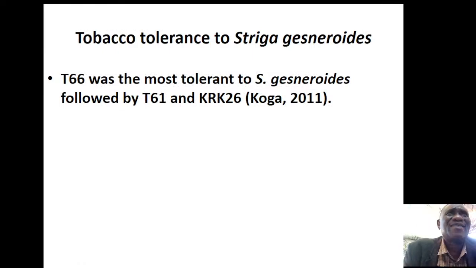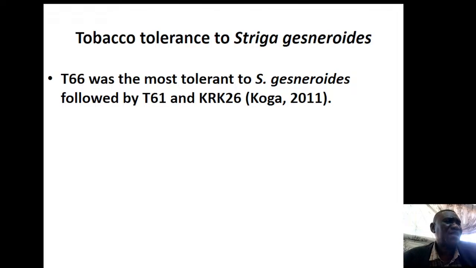Tobacco tolerance to Striga gesnerioides. It was reported that T66 was the most tolerant to Striga gesnerioides, followed by T61 and the KRK26.